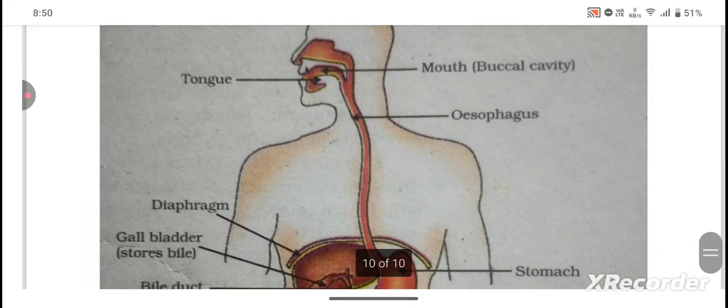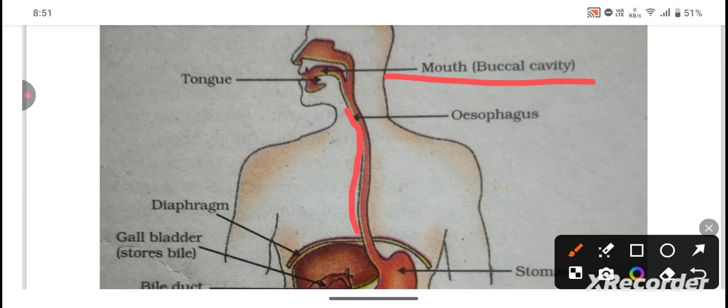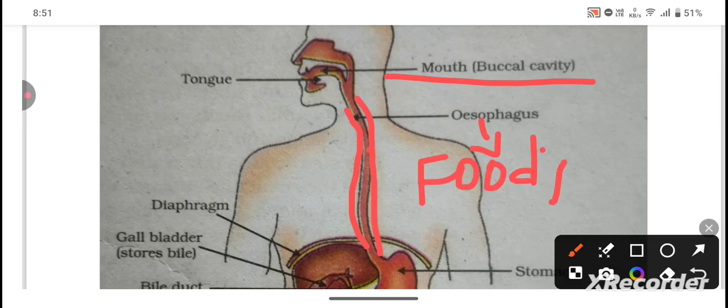So this is the mouth, also known as buccal cavity, where the digestion starts, and this is the long pipe which is called the esophagus, which extends up to the stomach. The other name of esophagus is food pipe, where the food will be passed into the stomach by peristaltic movement.